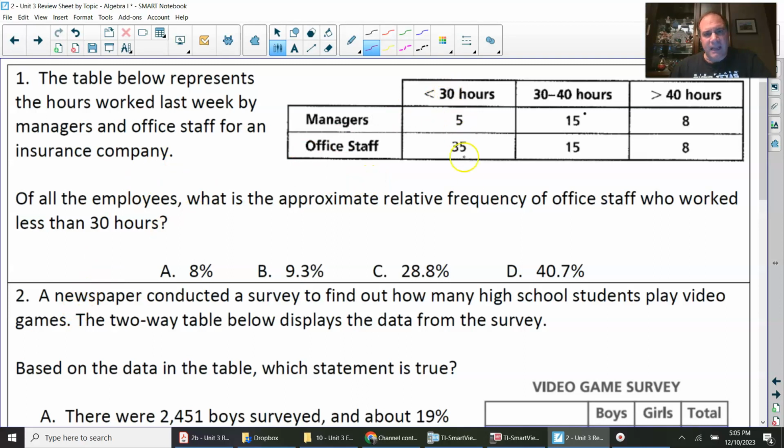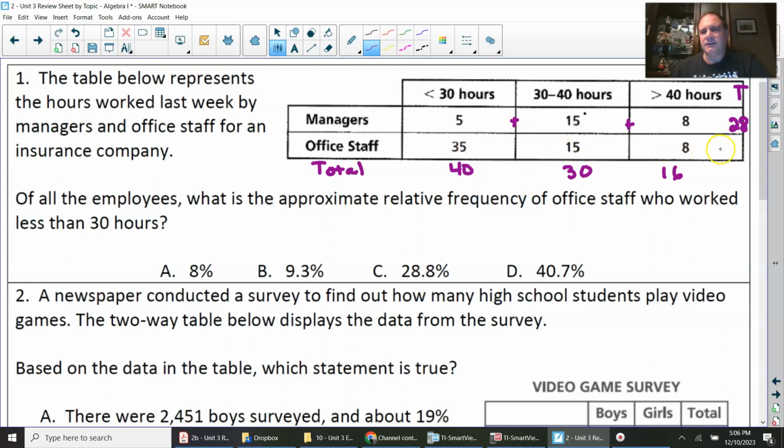So I'm going to add these up. This is 40. I'm going to put total here. This is 30. This is 16. Then add these all across on these rows. 15, 5. This is 28. I'm going to put T here because I have no room. 20, 28. 35, 15.